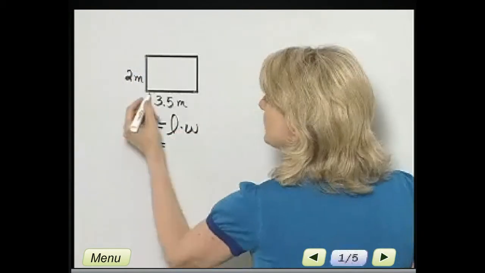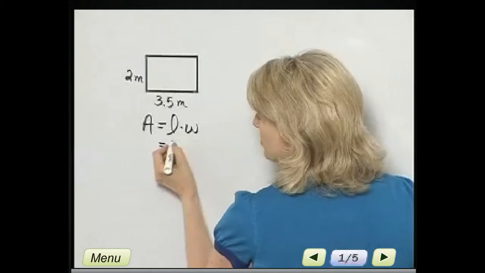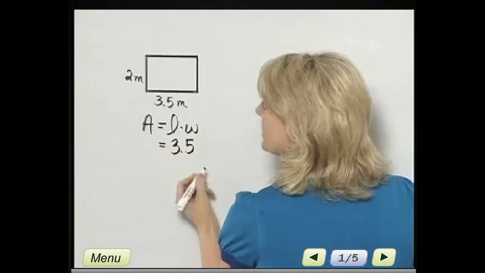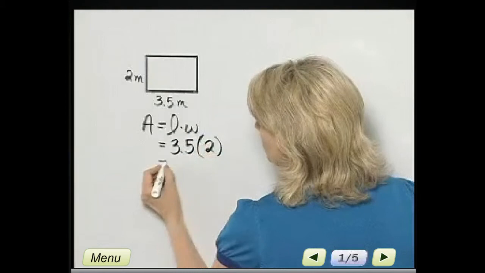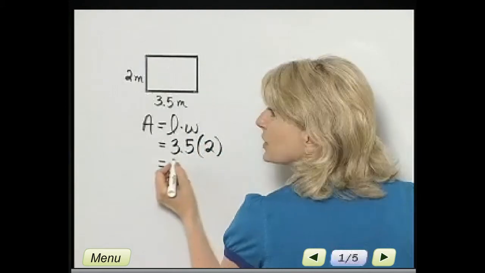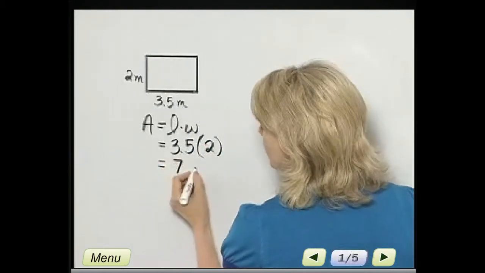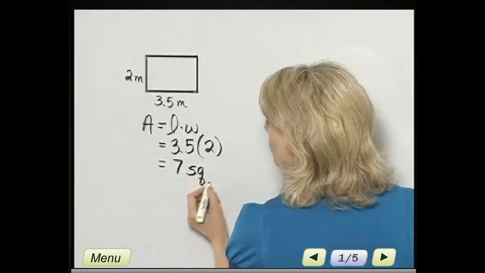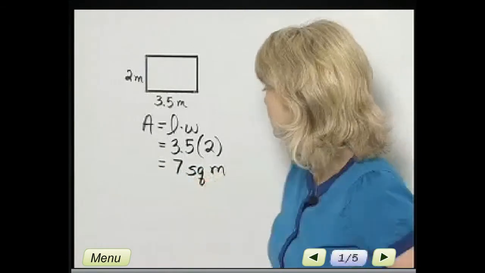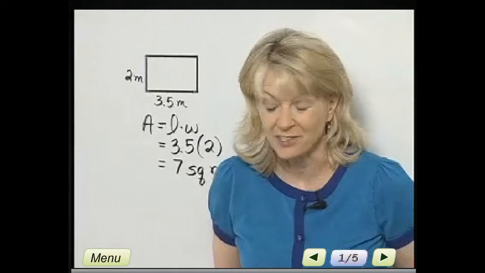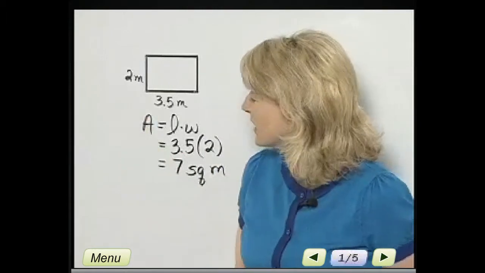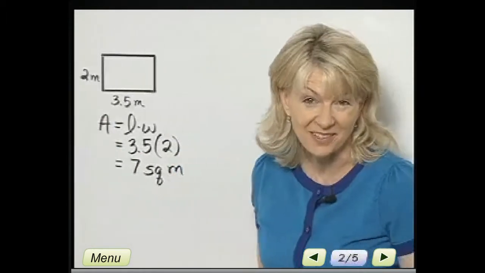So area is length, and I'll just write the numbers, 3 and 5/10, it is meters, times the width, 2, and if you multiply, 2 times 3 and 5/10 is 7, and this is square meters in this case. It's basically meters times meters or square meters. The area of this rectangle is 7 square meters.